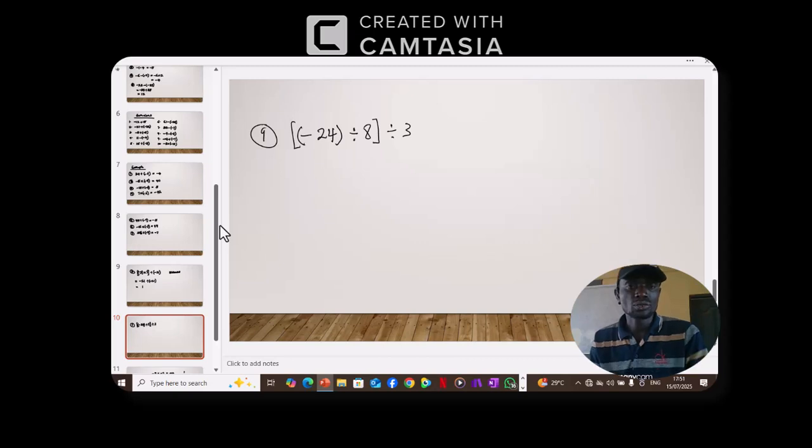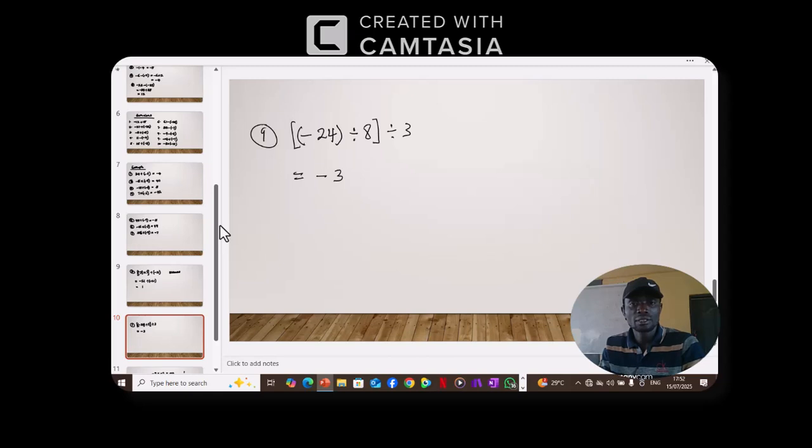According to BODMAS, you need to evaluate the bracket first. In the bracket we have minus 24 divided by 8. So your answer will be minus 3.